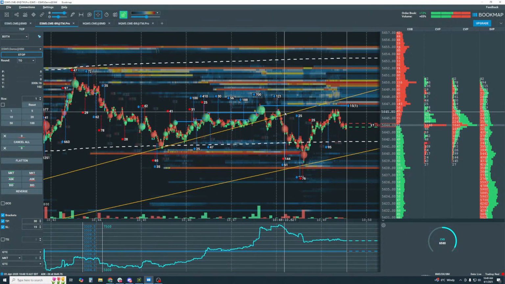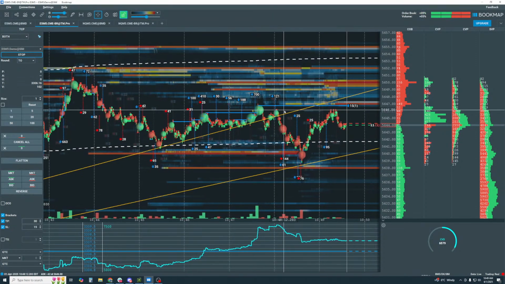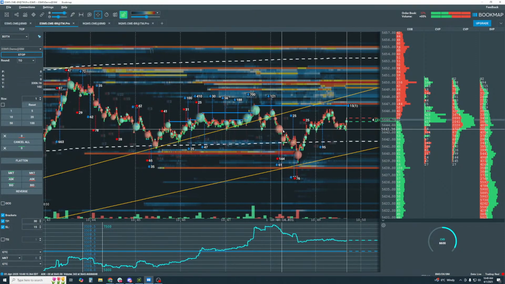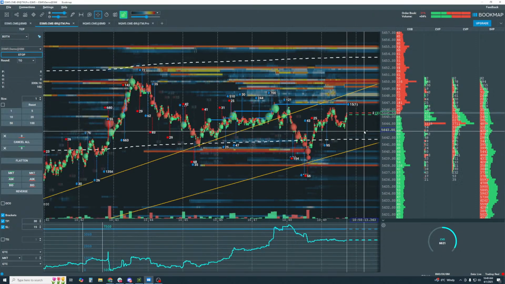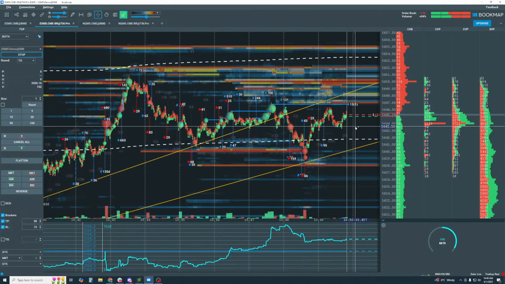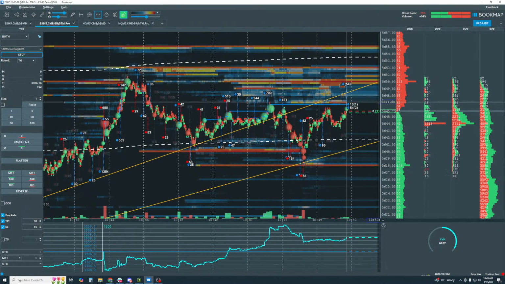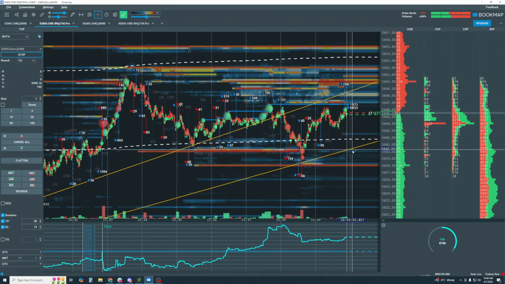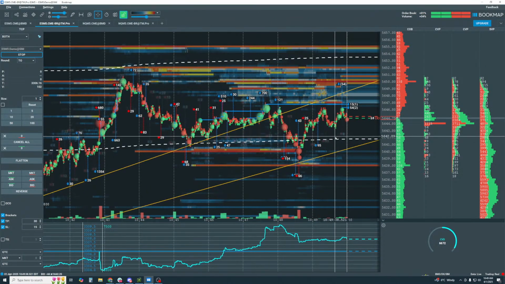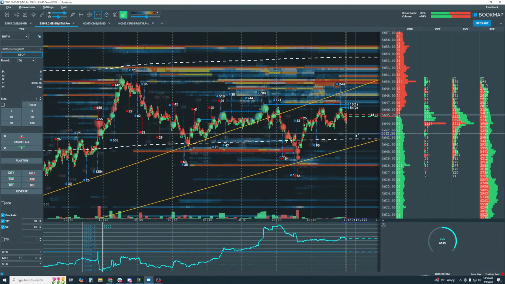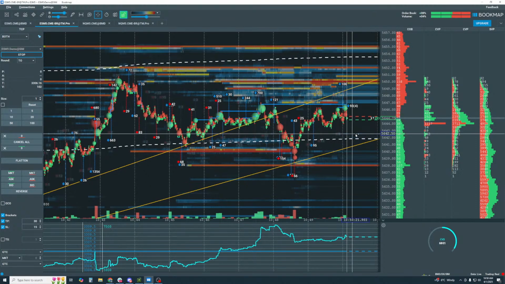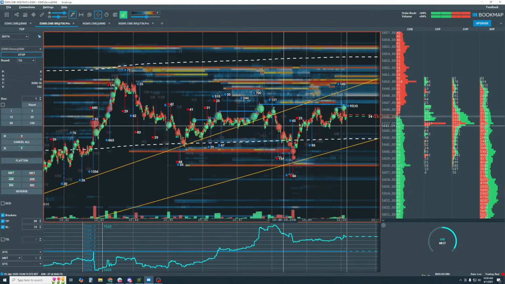Okay, so you can see we came back up and tested to the swing here, and some exhaustion. So now can we get some sellers back in here? Let's see. I'm going to bounce off of this area here. So this is the line here, right?